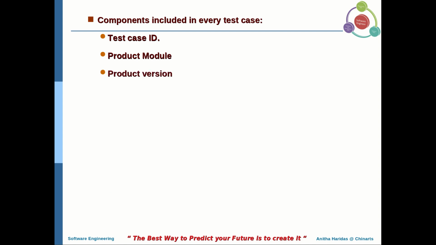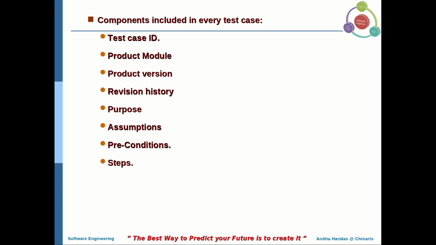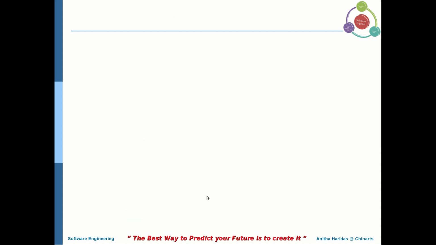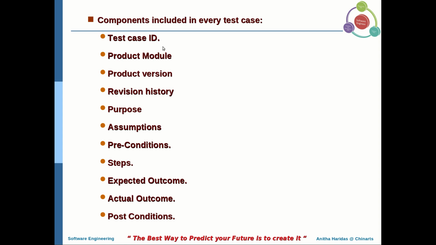And what is the version of the product, what is the revision history, what is the purpose of the test case, what are the different assumptions for the test case, what are the preconditions, what are the different steps you are going to do, the procedure for testing, then what is the expected outcome, what is the actual outcome, what are the post conditions. So these are the different components included in the test case.